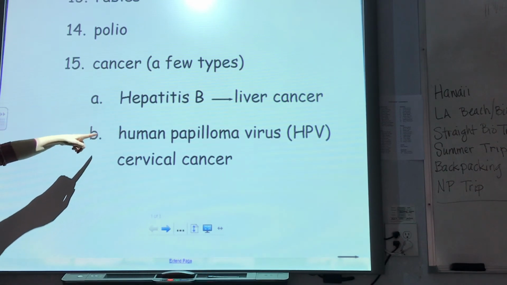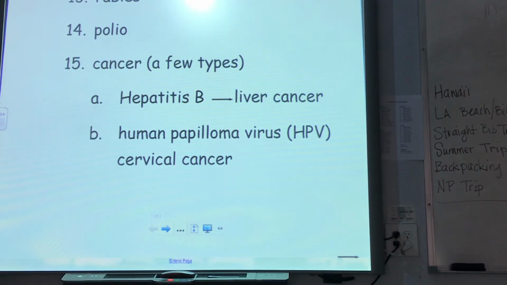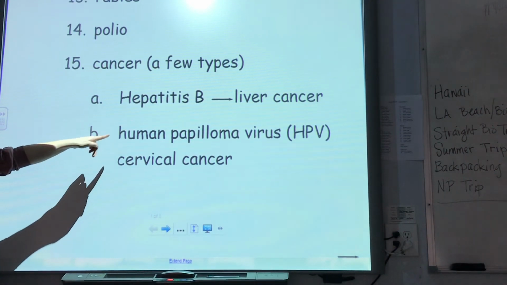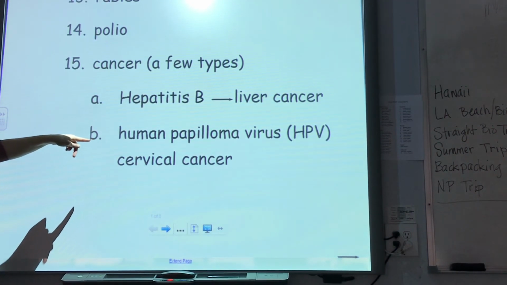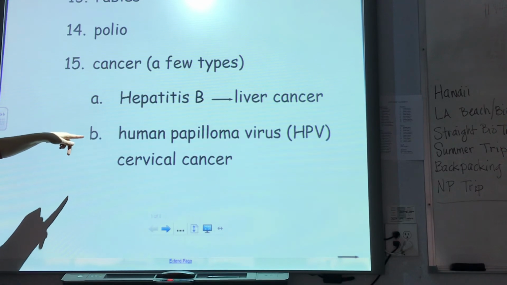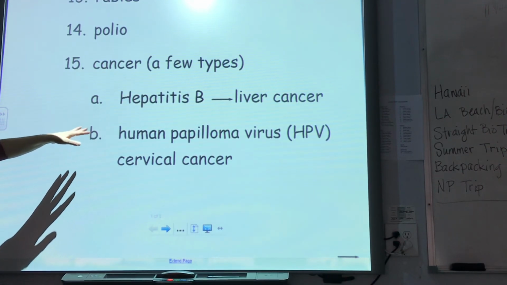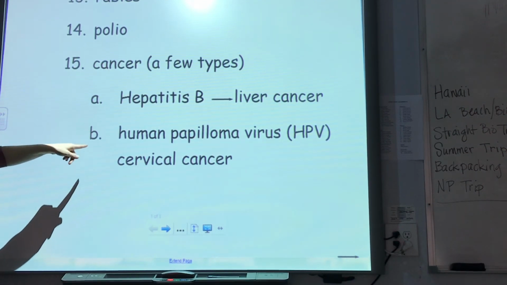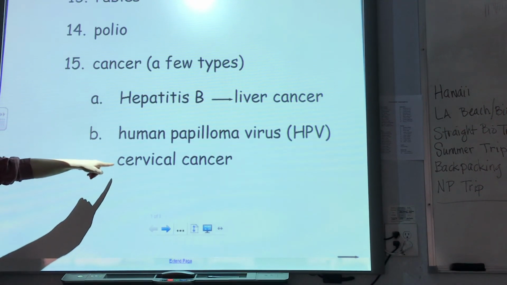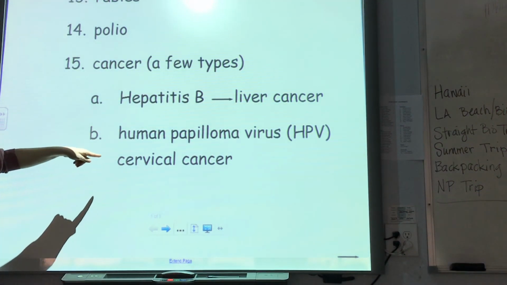Human papillomavirus, or HPV, is a virus that causes genital warts. And we'll probably talk about that a little more in health during the human reproductive unit. That's really painful and gross and kind of horrible for boys and girls, men and women, to have genital warts, but it's actually deadly if you get cervical cancer.